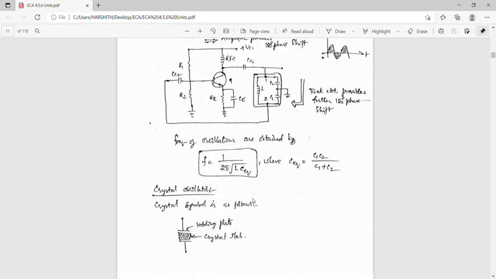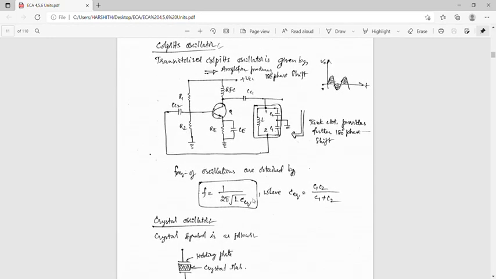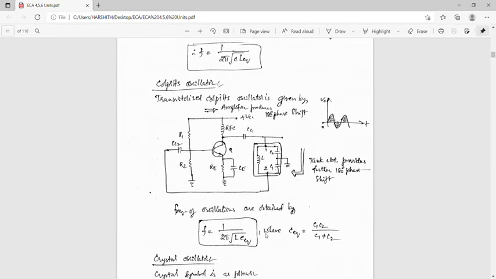And the next one, the Colpitts oscillator. Same as the Hartley oscillator, this is an LC oscillator, a high frequency oscillator. This is the transistorized Colpitts oscillator. It has a CE amplifier.